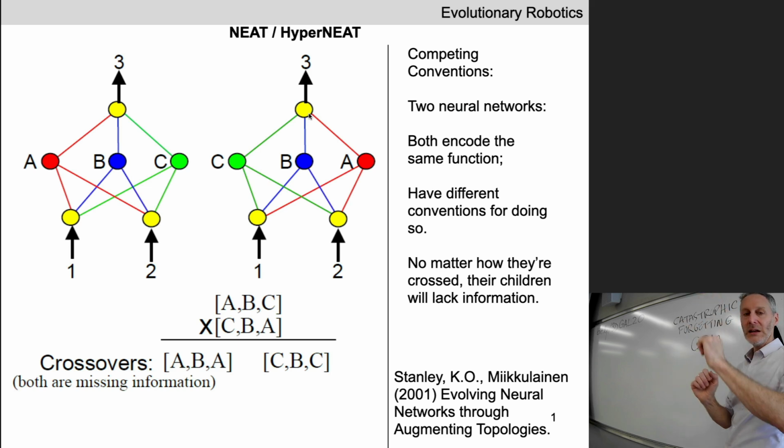Yeah? So in typical neural networks, if you just allow them to evolve at will, they might start to evolve to do what you want, but different neural networks in the population might start to evolve different subfunctions, like AND, at different places in the hidden layer.